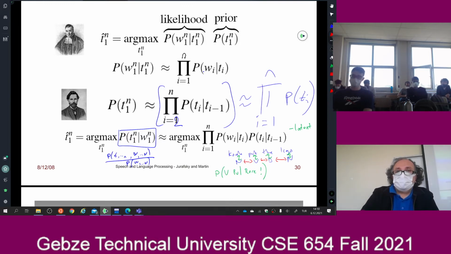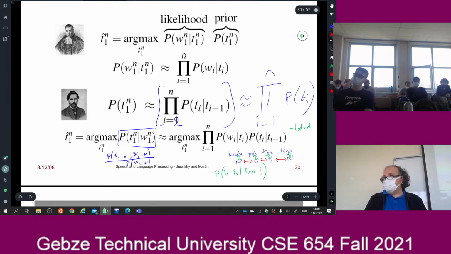Because calculating this as it is not very easy. Okay, calculation is easy, but finding the data to estimate those probabilities is not that easy. So if this holds and if my data set is nice, then I should be fine.